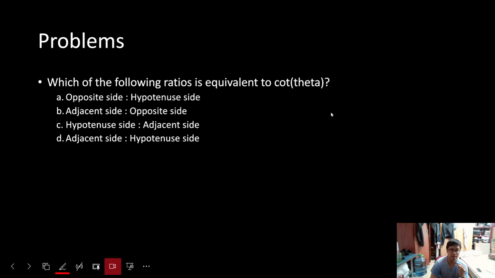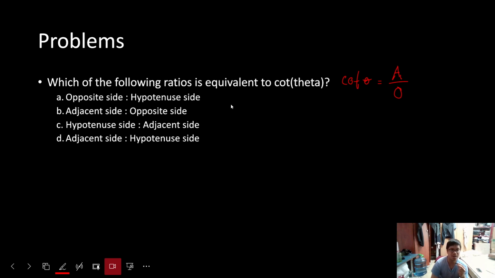So the correct answer is basically what? Cotangent theta is equal to, oh wait, adjacent all over opposite, yeah. Adjacent side all over opposite side. That is the answer here.